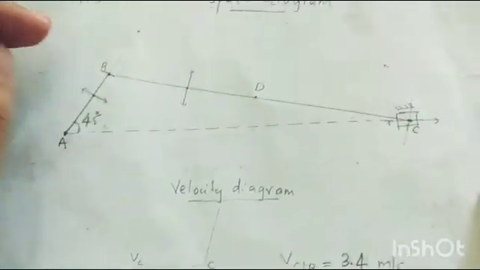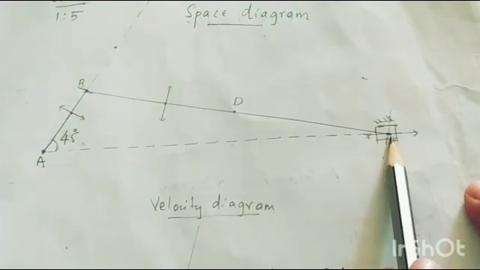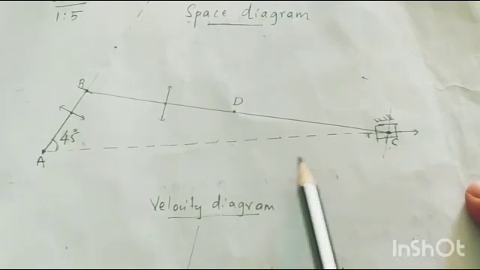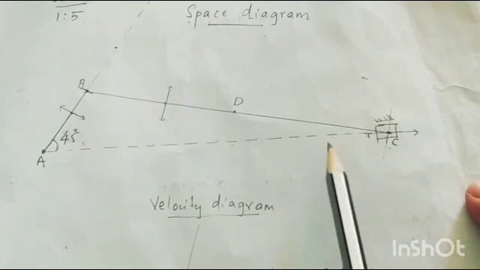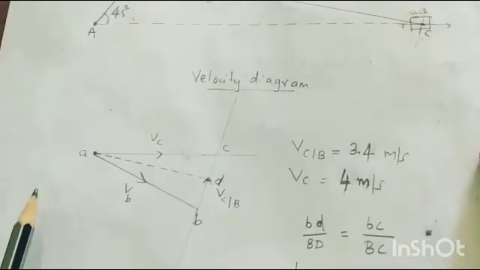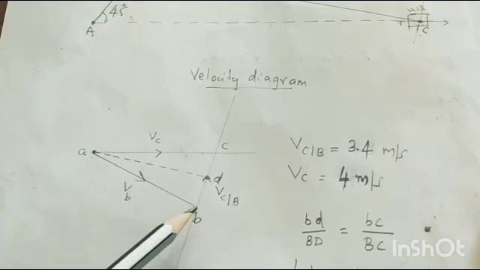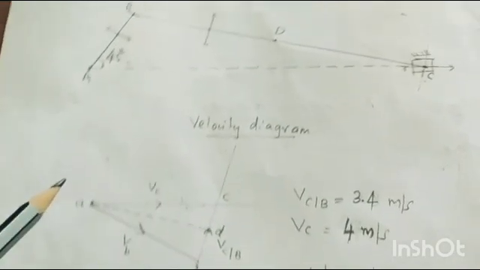Now we'll go for the next link, which is nothing but the piston. The piston is constrained to move only along this direction. So this is the direction in which the velocity of the piston can act, and we have to represent that here. Till now we have drawn this line and this line. We don't know the point C yet.